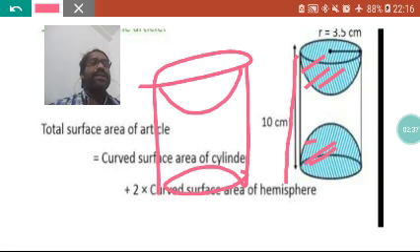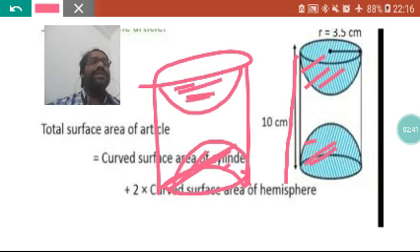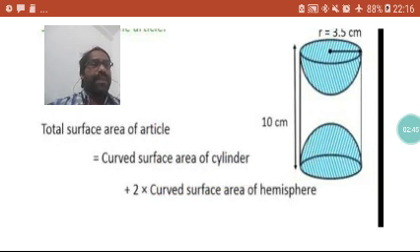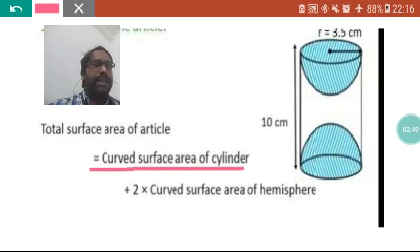From that cylinder, this shape and this shape have been scooped out. Then what is remaining here? So understand what is remaining: the curved surface area of the cylinder. That means this outer portion is still there.